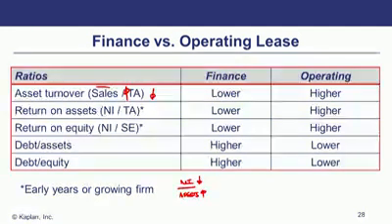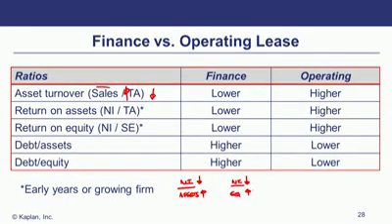Same with return on equity, net income over equity. Actually, if we think about it, net income is essentially lower. Why is net income lower?